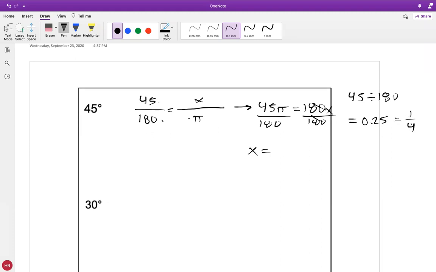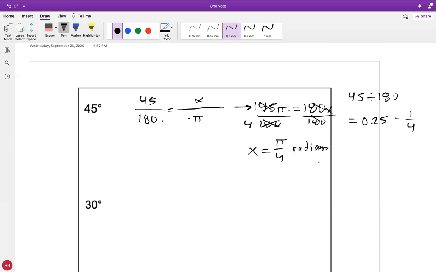I will show you in class how to use a TI-84 or greater calculator to turn decimals into fractions without having to worry about knowing that this is 1/4. But know for now that it's 1/4. So really I can cross this off and write a 1 and cross that off and write a 4. So x is equal to 1 times pi over 4, which is pi over 4.